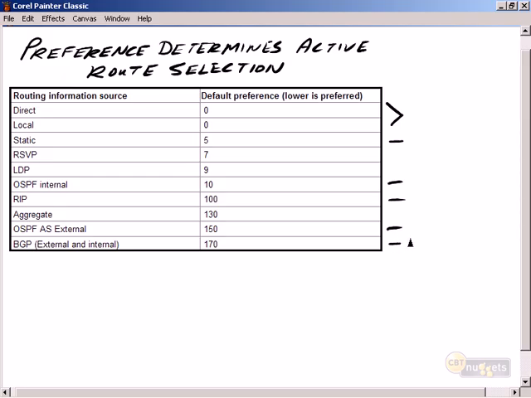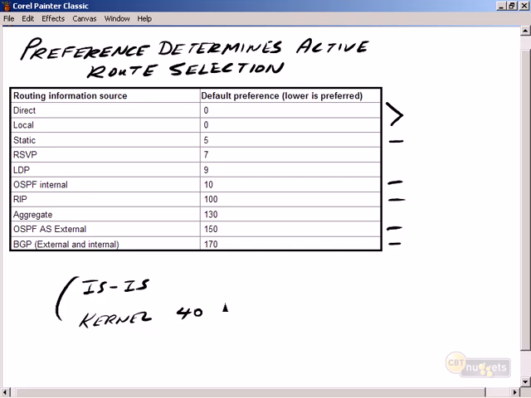BGP 170, and there's others, okay? For example, we'll be learning about protocols like ISIS. Depending upon whether that's internal or external, those can have their own preferences. If it's information learned from the operating system, from Junos itself, the kernel, that has a preference of 40, okay? Don't have to memorize these. I'm just telling you that there are others out there.